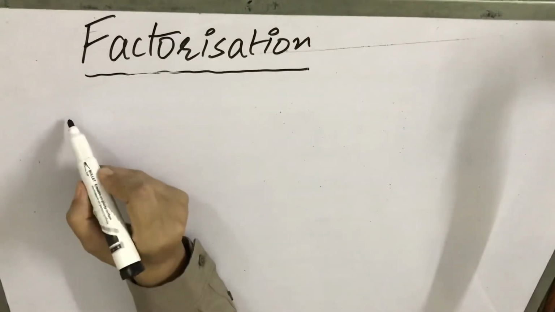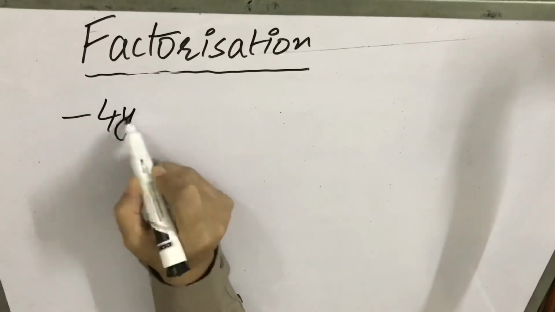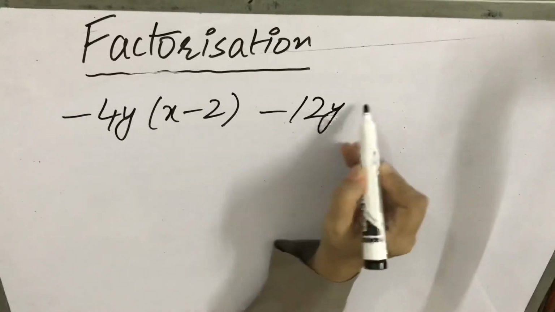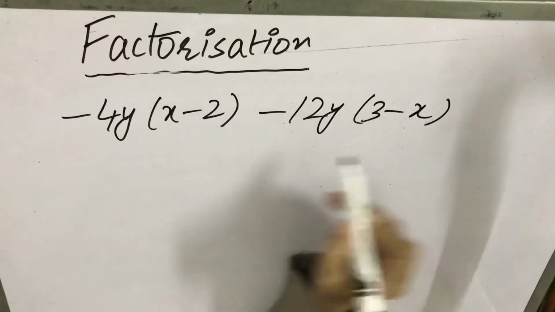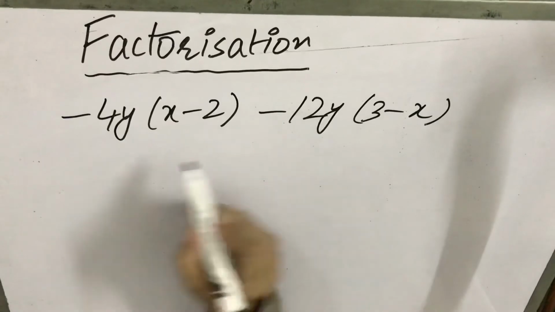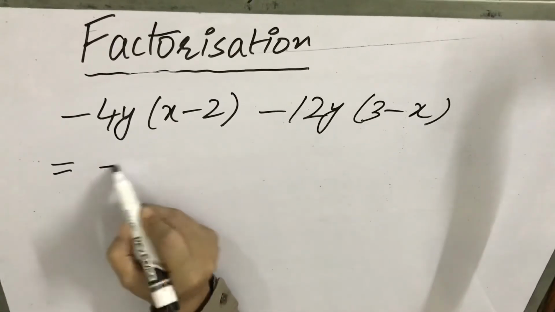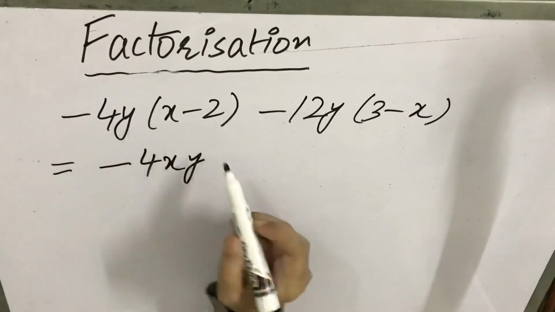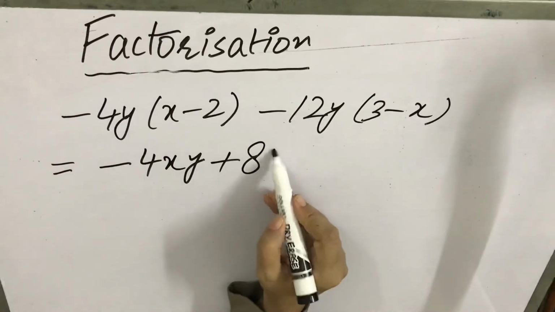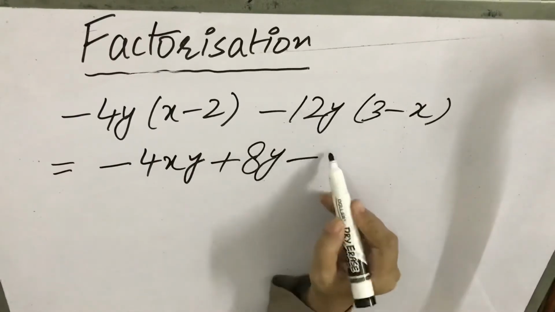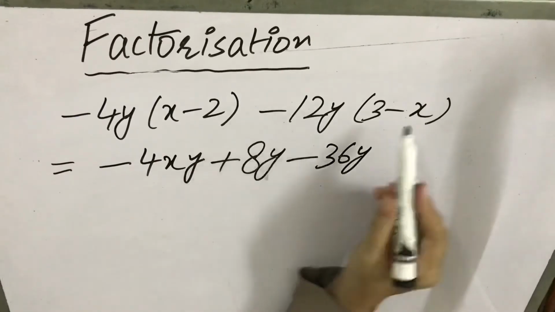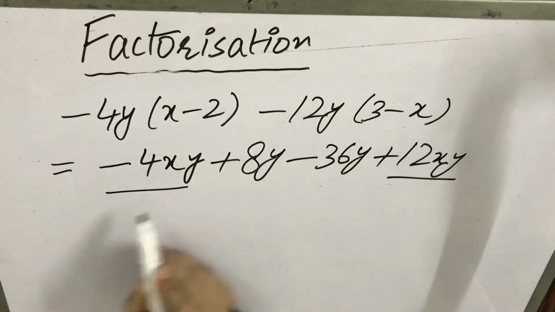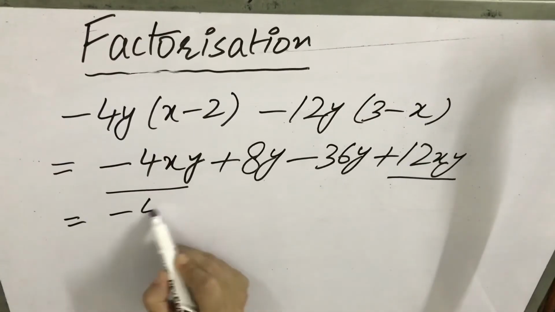The last question, minus 4y bracket x minus 2, minus 12y bracket 3 minus x. You can take common from here also, but it's better if we multiply. Minus 4xy plus 8y, minus 36y plus 12xy. After expansion we are going to arrange.